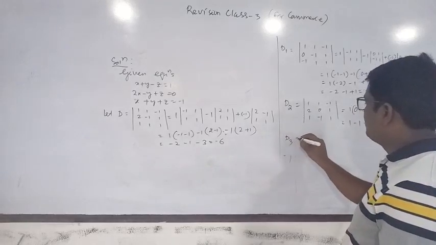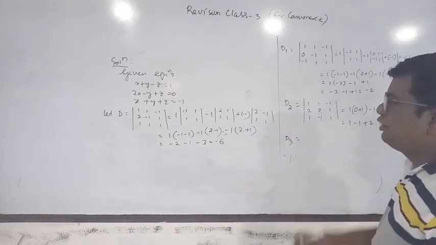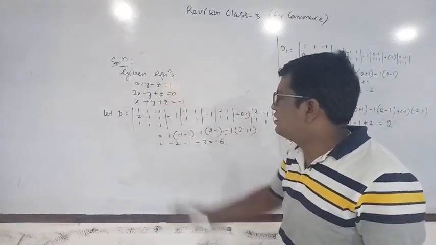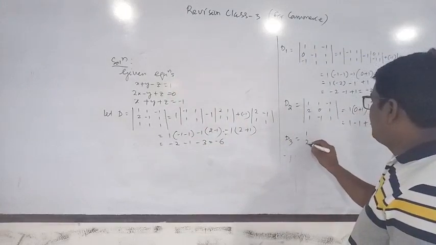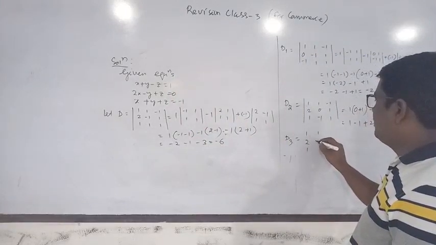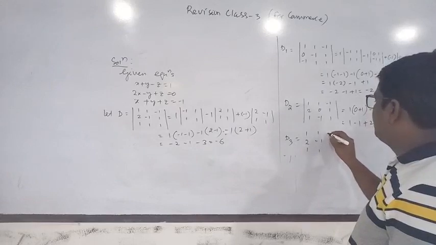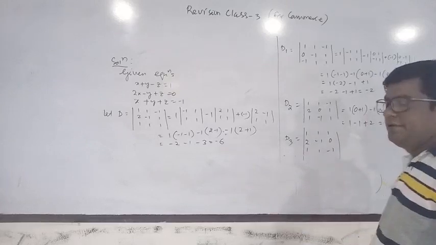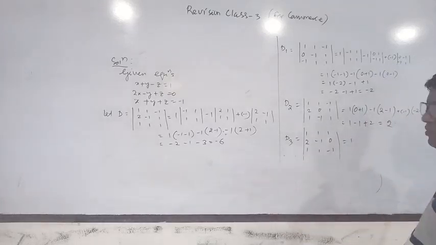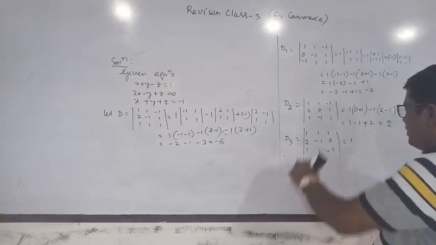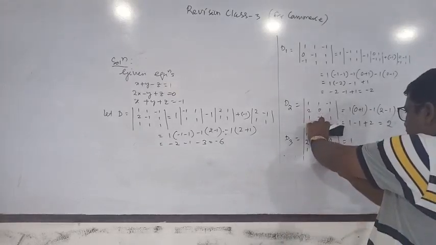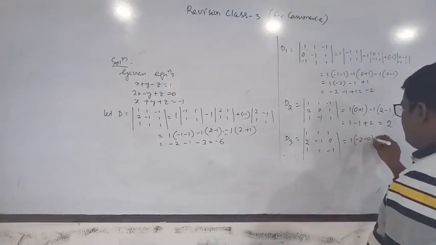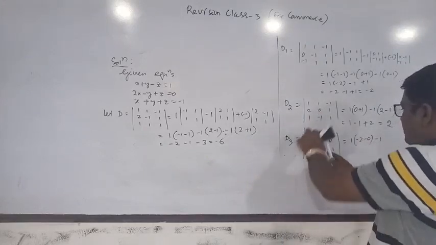And D3 is equal to what? Remove the column 3 and put the right hand side. This is 1 2 1, 1 2 1, 1 minus 1 1, and this is 1 0 minus 1. Find its value. So 1 into, we can do directly, this minus 2, 0 minus 2 minus 0, and minus 1 into this.